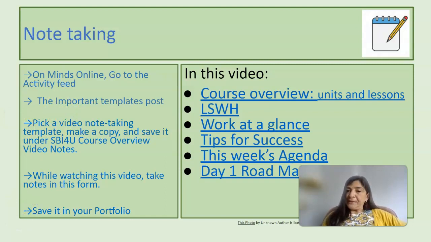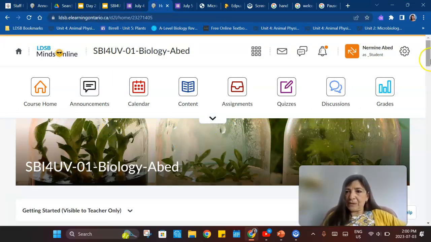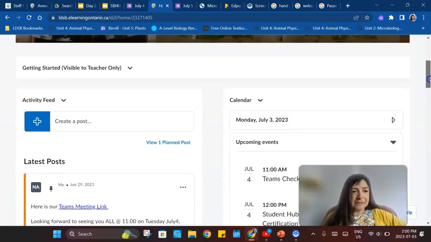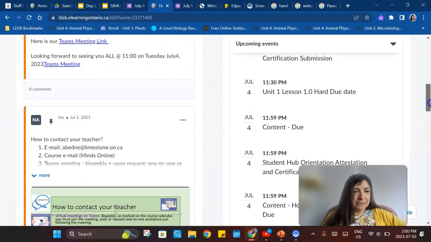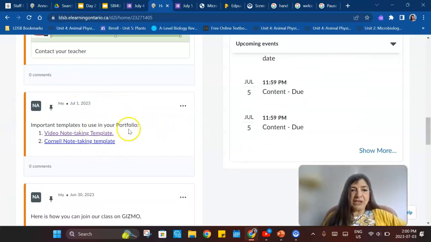So before we start, on Minds Online, go to the activity feed and check the important templates post. So this is the important templates post. It's the third one.